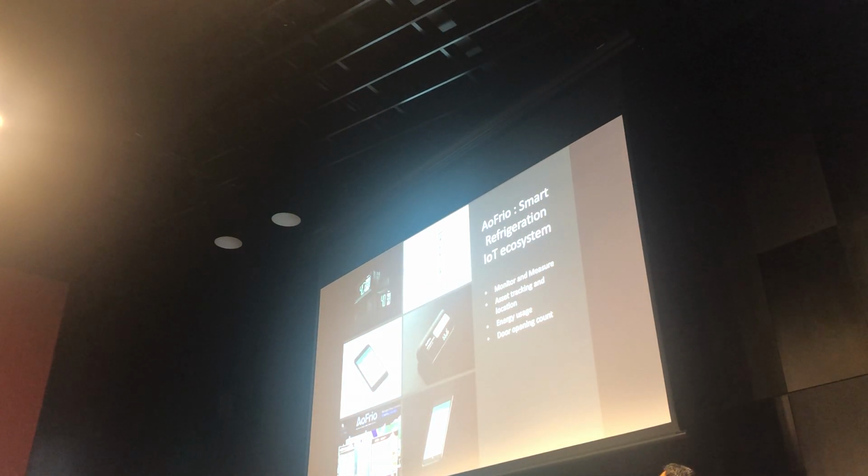In this slide, this is how our Airfrio smart refrigeration IoT system looks. We provide quite a few components to our customers to make the refrigeration space smarter. We have customers like Coca-Cola and Pepsi around the globe.